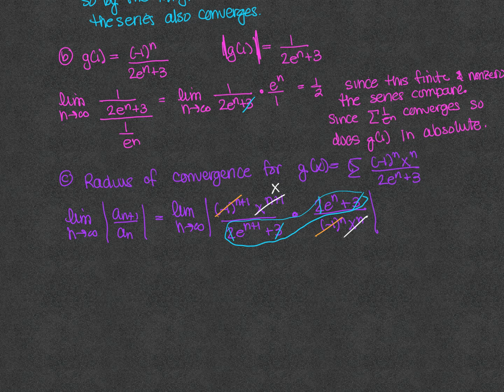These 2's are on the top and bottom. So it's really e to the n over e to the n plus 1, so it's really going to be 1 over e. So this limit is the absolute value of x over e. And remember, for the ratio test to converge, you need this less than 1, which tells us that our radius of convergence is going to be e.